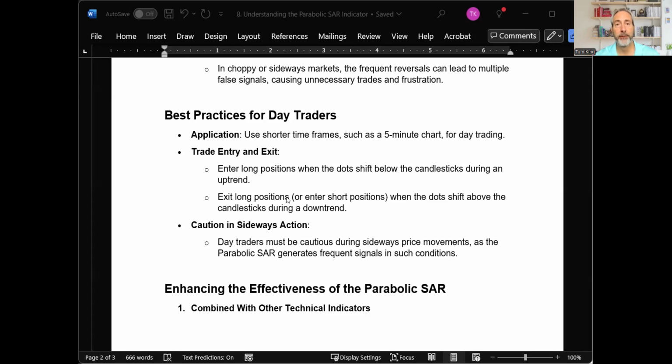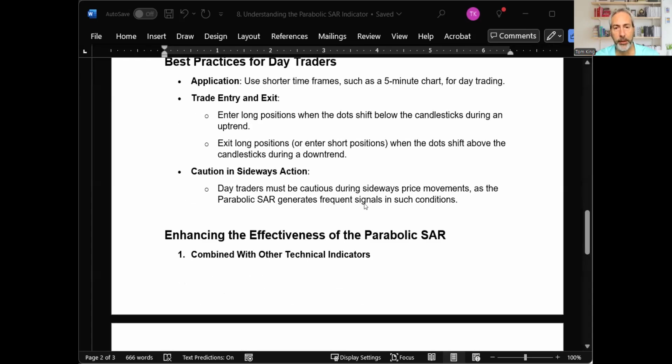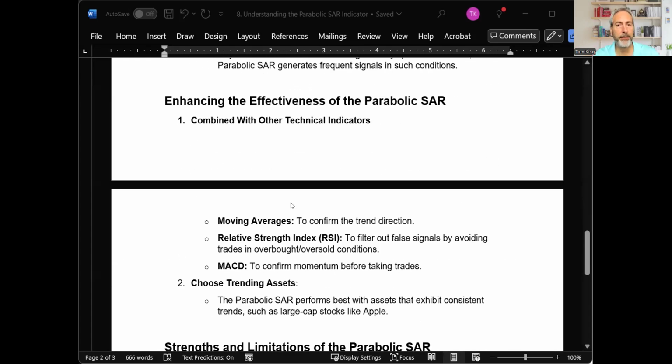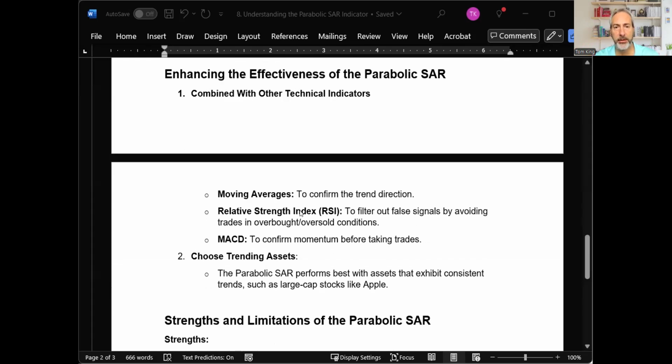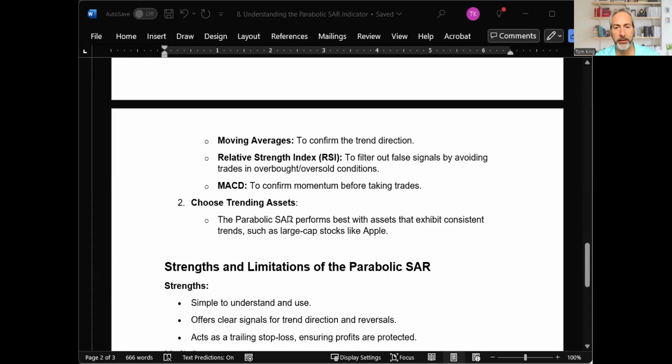If the longer term is up and the shorter term is down, but we reverse, that's when you want to get in, because now they're both going the same direction and you got in at the bottom. So again, avoid sideways action. And then combine these with other technical indicators, moving averages, RSI, MACD. It works best when you can get confirmations on all of these directions at the same time with other indicators.